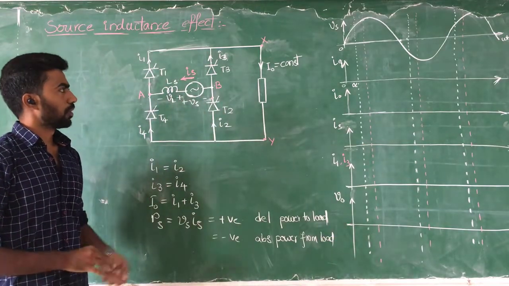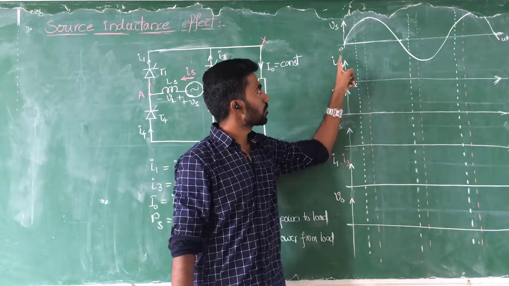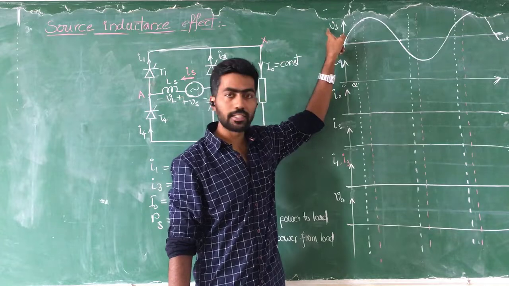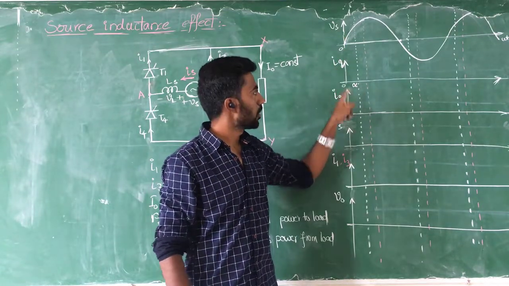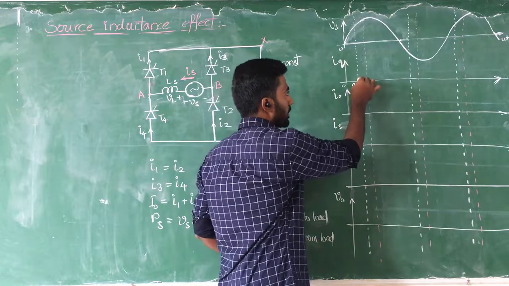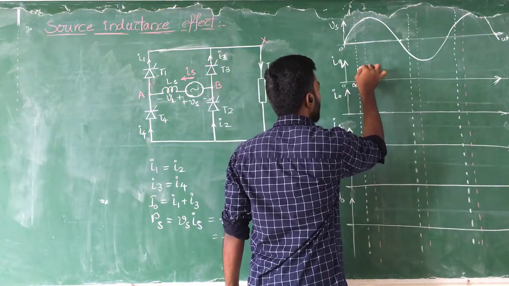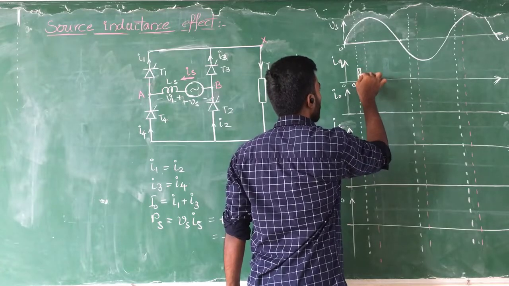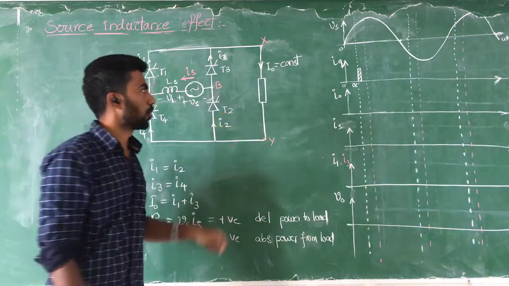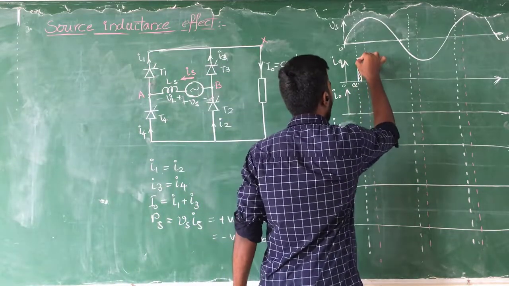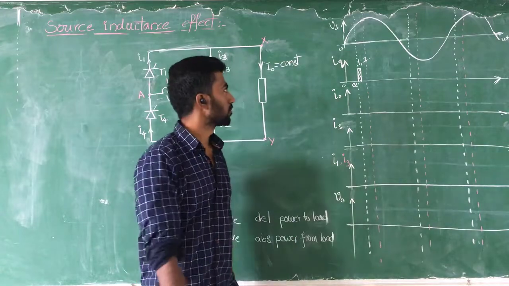Now, in this case, this is the supply sinusoidal signal, and this one is the gate triggering pulses. At the alpha instant, at this instant, we give a triggering pulse to thyristor 1 and thyristor 2. So these are the 1, 2 related triggering pulses.